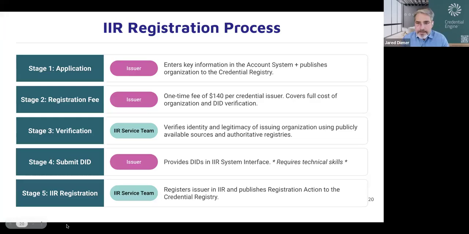Thank you, Jeannie. Yeah, so I'm going to discuss the registration process, how to get started with the IIR, kind of how everything works. So as Jeannie mentioned a few moments ago, the IIR is integrated into Credential Engine's platform, and it uses the Credential Engine account system as the first step or stage one in the registration process.